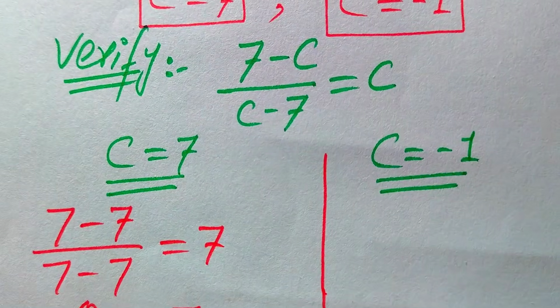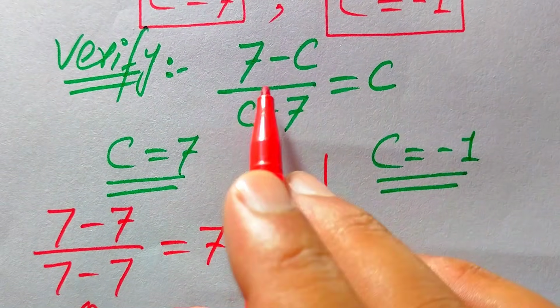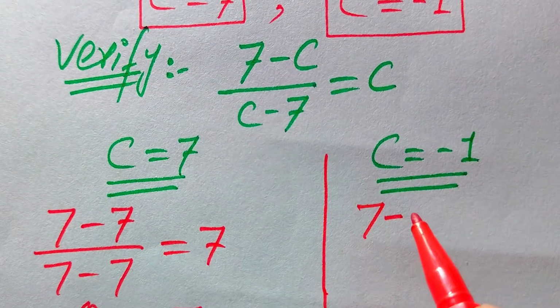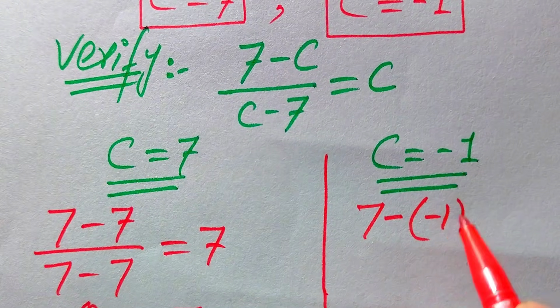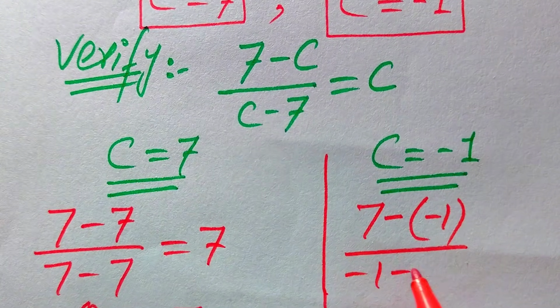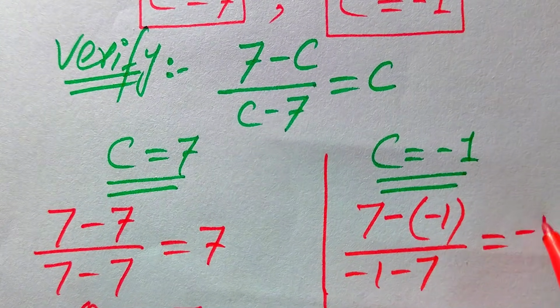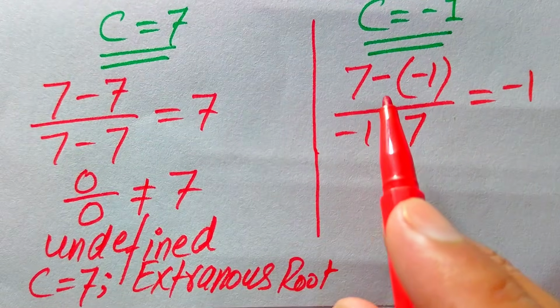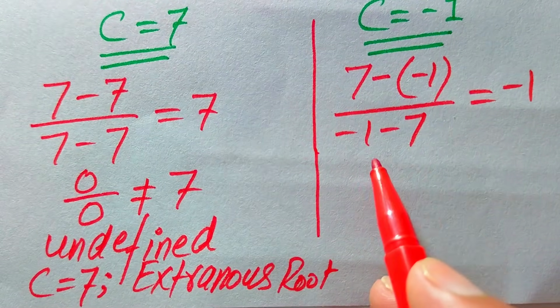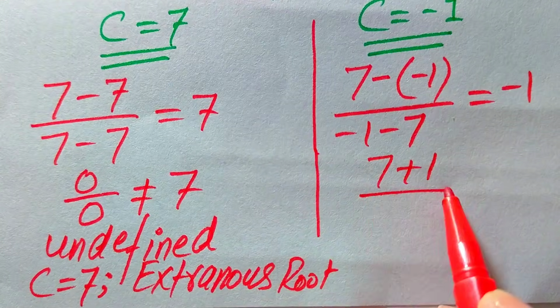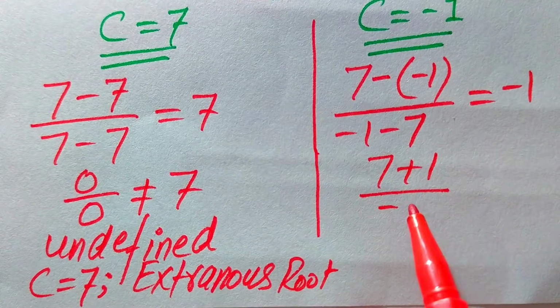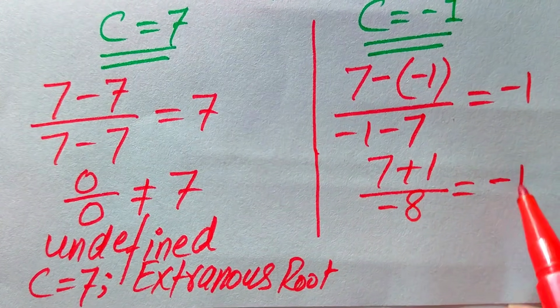And now in the same pattern we verify the second value of c, and we put this value on both of the sides and we get 7 minus c, where the value of c is -1, divided by -1 - 7 equals -1. And minus times minus becomes plus, we get 7 + 1 divided by -1 - 7 becomes -8, equals -1.